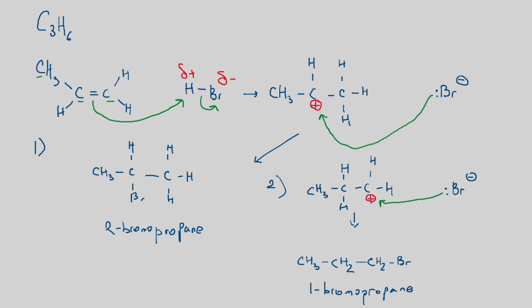In your exams, you will probably be asked to predict the product. So for example, propene reacting with hydrogen bromide. In this case, what you need to recall is Markovnikov's rule. Okay, so what does Markovnikov's rule say? Let's say I have propene again, CH3, CH, double bond, and CH2.